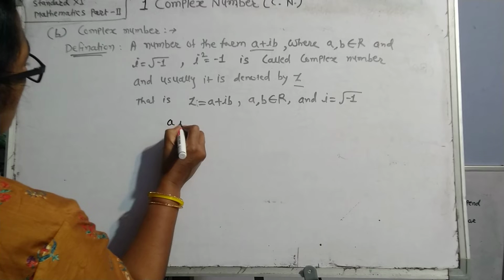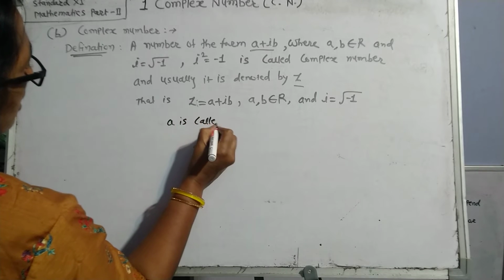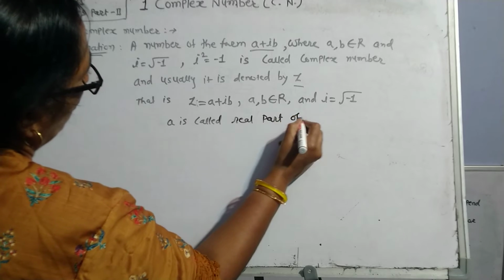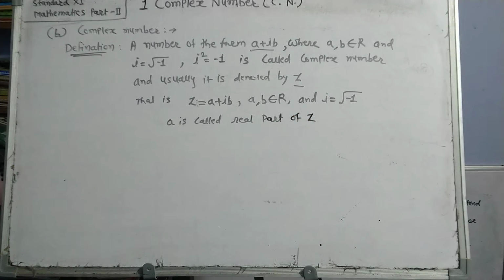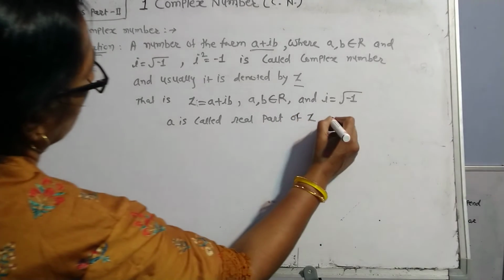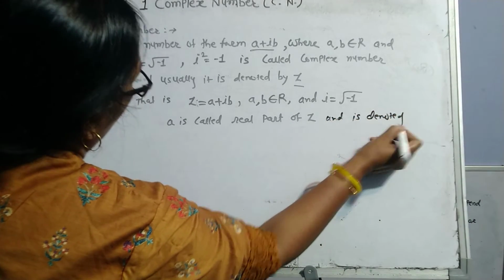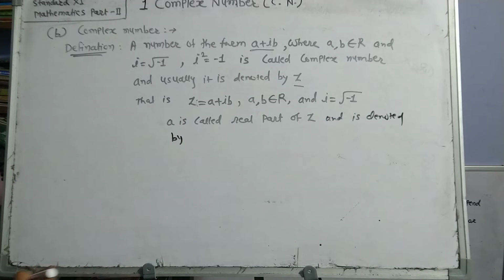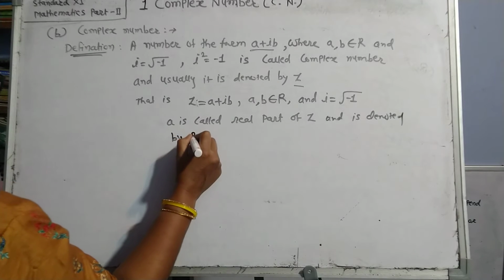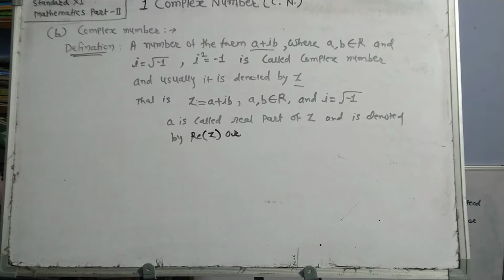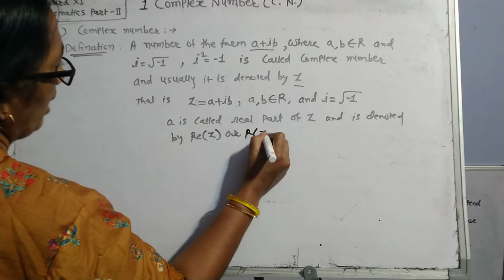Here a is called the real part of z, and is denoted by Re(z), or only Re in bracket z.